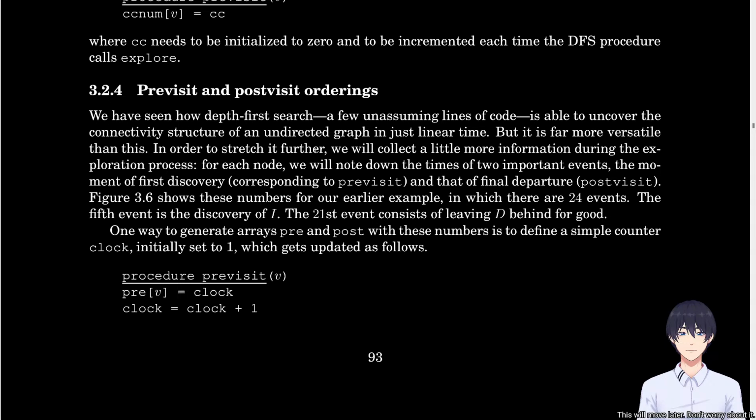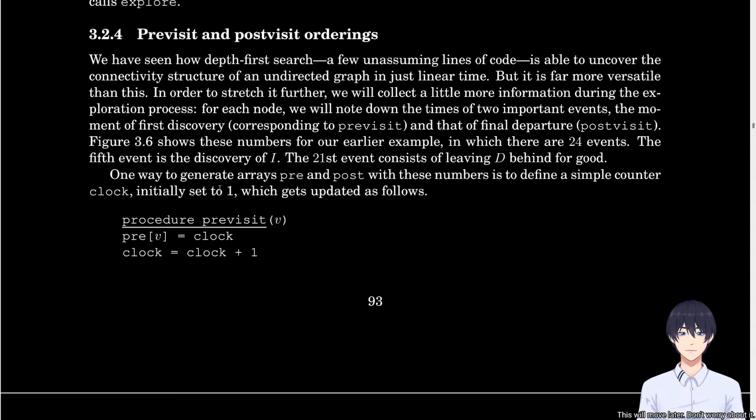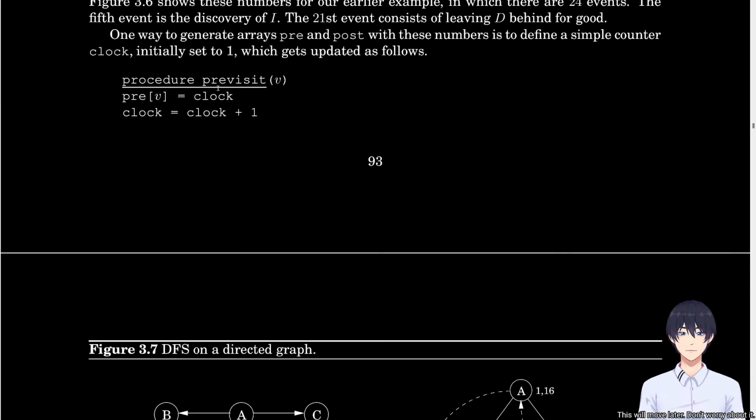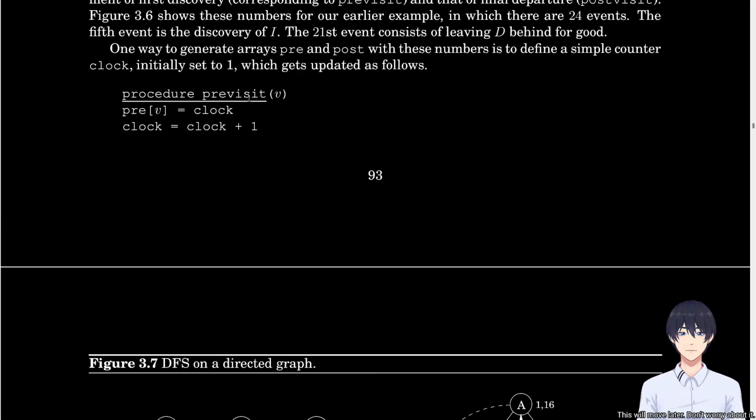In order to stretch it further, we will collect a little more information during the exploration process: the times of the two important events, pre-visit and post-visit. One way to generate arrays pre and post with these numbers is to define a simple counter clock, initially set to 1, which gets updated as follows.